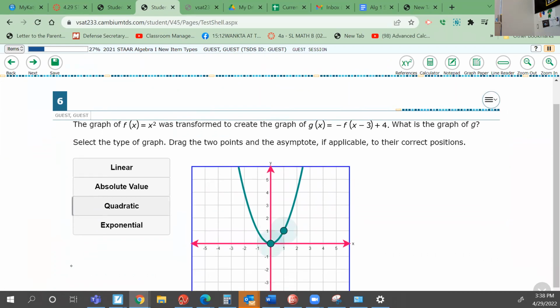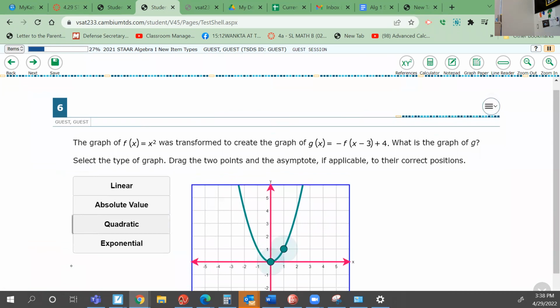So what's going on here is a transformation. It's transformed to minus f of x minus 3. The minus sign tells you that the graph is flipped. So if you flip this graph, just put your finger on one of the points and move it up. The x minus 3 tells you that the graph shifts to the right 3 units.